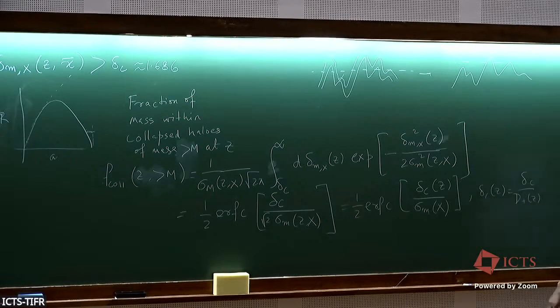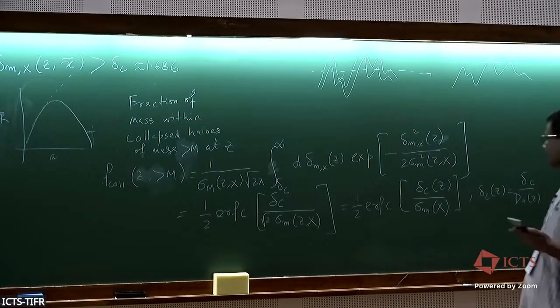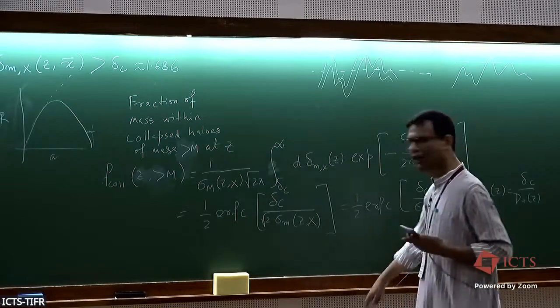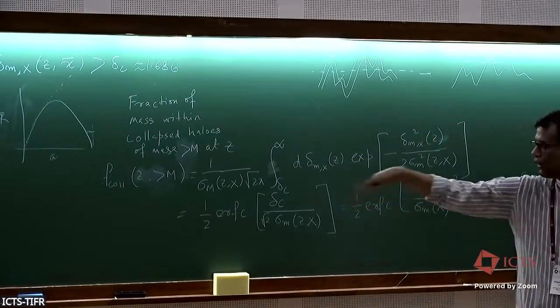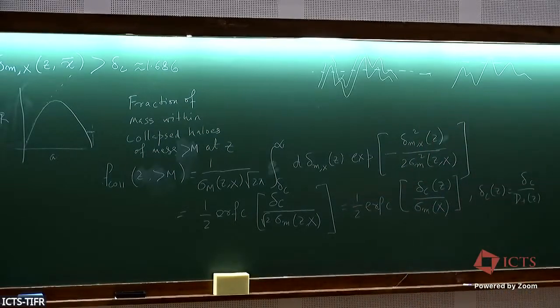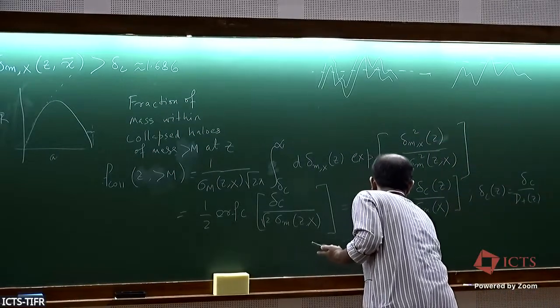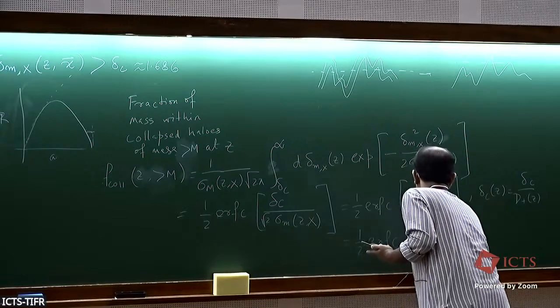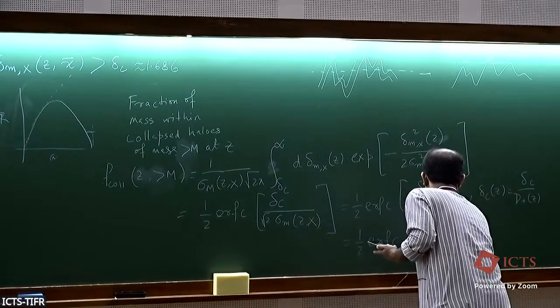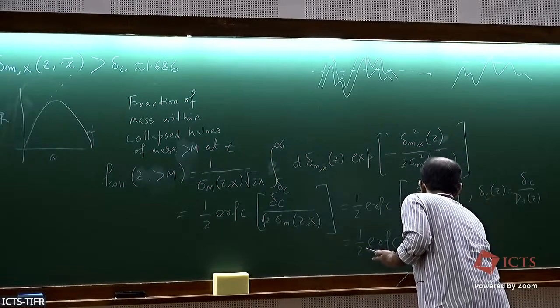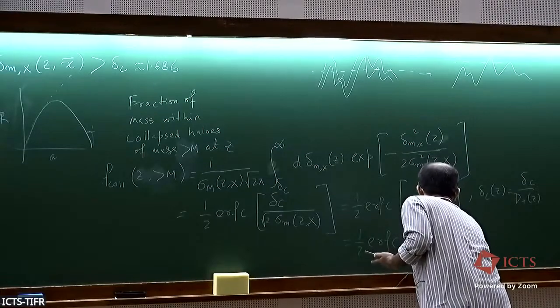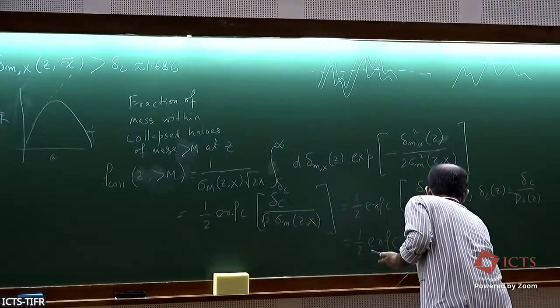Now there are some subtleties here. Just to complete this picture, we have already shown that x and m have one-to-one correspondence. So I may as well write this as error function of delta c z divided by sigma m of m.